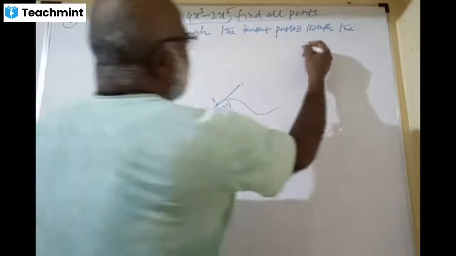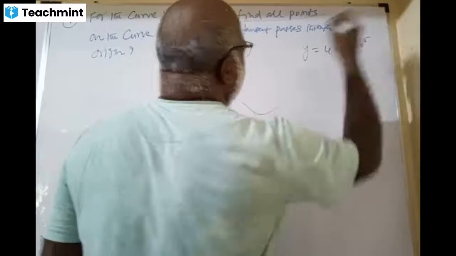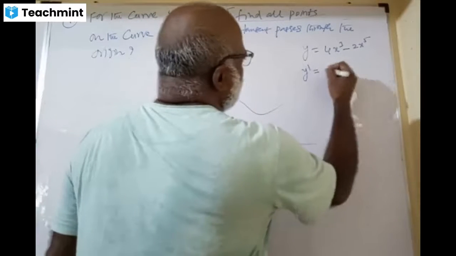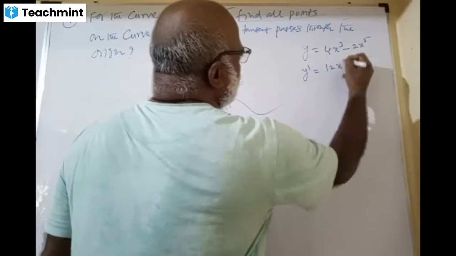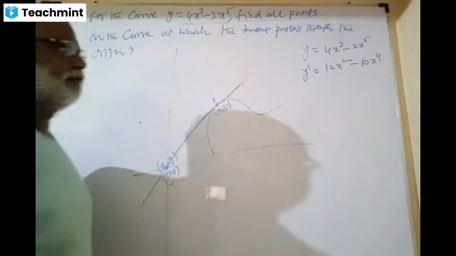First take the curve, which is 4x cube minus 2x power 5. What is y dash? y dash is 12x square minus 10x power 4. Do you agree?